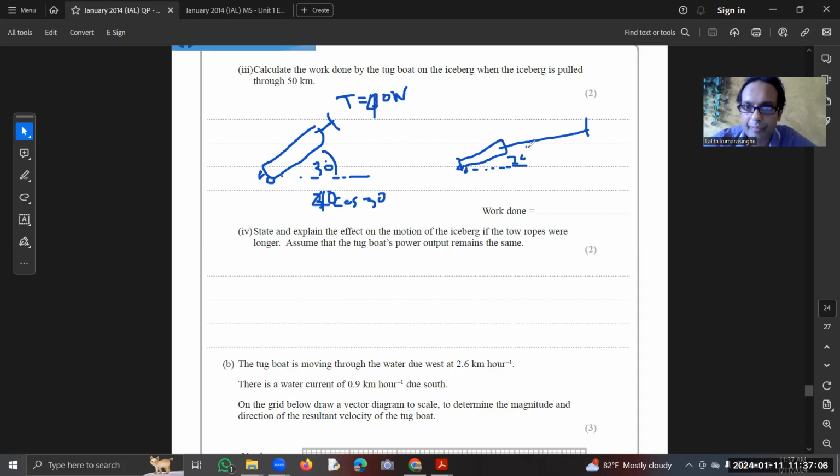Say the angle is 20. Even if you apply the same force, 40, the horizontal component will be 40 cos 20. More force that way, no? More force that way, cos 20. I will give you the difference. 40 cos 30 is 34.64.